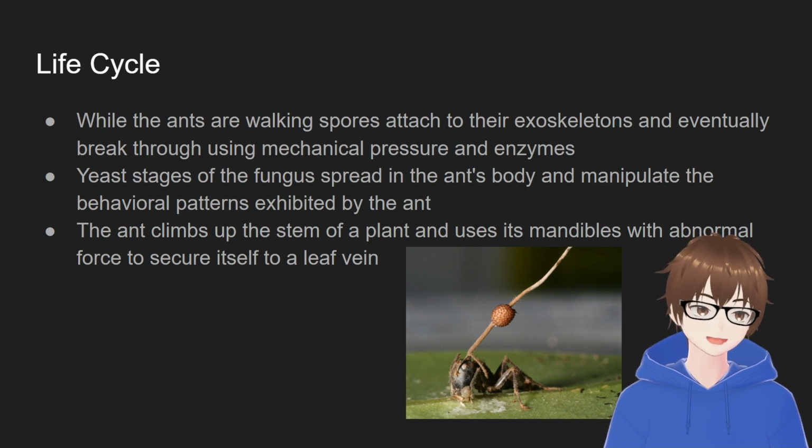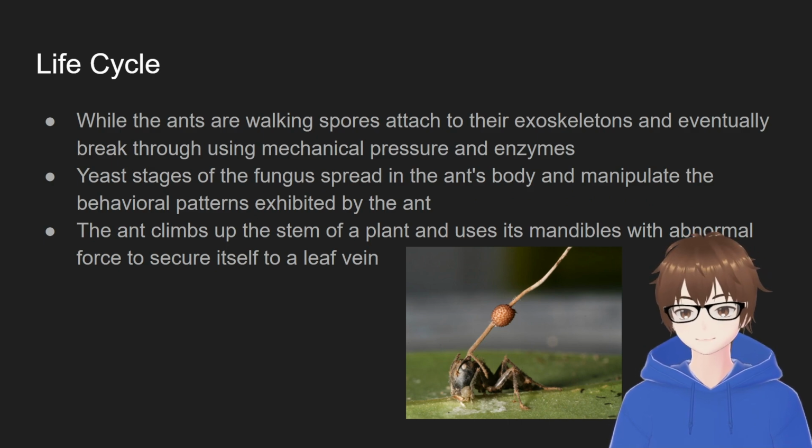So, the life cycle for these ants, okay? Or I guess the fungi that infects the ants. While the ants are walking around, they collect spores. And these spores attach to their exoskeleton, their body, and eventually they will break through using mechanical pressure and enzymes. We will go over what kind of enzymes they use later.